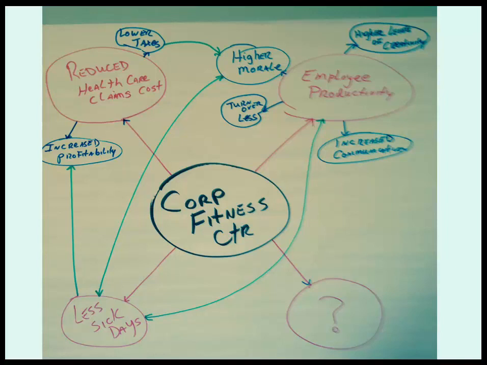I could easily write 8 or 10 pages on employee productivity just based on the 4 nodes that I have there of higher levels of creativity, increased communication, turnover being less, and higher morale. That may be all I need to write about. So I may want to write 7 to 10 pages on employee productivity, and there I have it all figured out what I need to write.